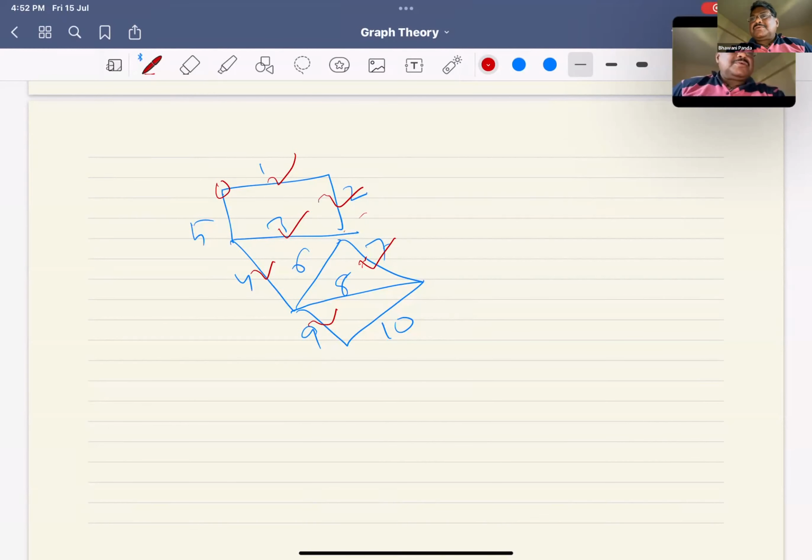Yes or no? Sir, after the 4th, we may go for 8 instead of 7. Why 8? Because we need the least one. Okay, fine, the least one is 7, right? This edge has cost 1, 2, and this one is 3, right?